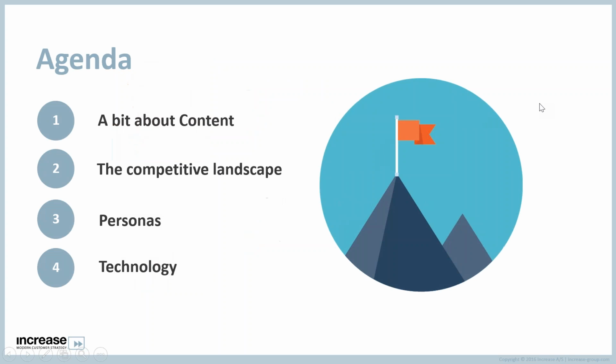So just to sum up the agenda for today, we'll start out by speaking a little bit about content. Matthias will give you some examples of what content is really about, and speak a little bit about the competitive landscape, but not just seen from a content perspective. We'll come back to that. Then we'll speak a little bit about personas and the importance of personas, but I think everybody knows what personas are, so we're not going to spend hours speaking about personas in general.